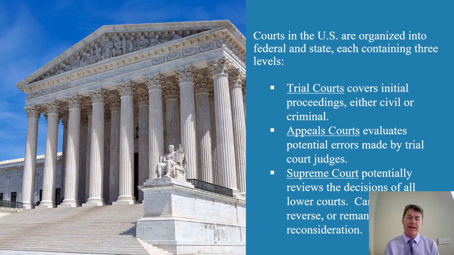Every state has a state Supreme Court in the state system. And then in the federal system in Washington, D.C., we have the U.S. Supreme Court. So that gives you a basic feel for the lay of the land, so to speak, when it comes to the different levels within the court system.